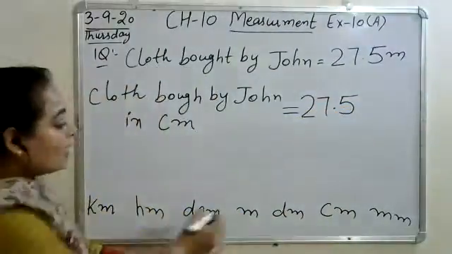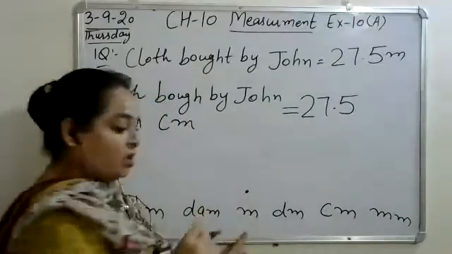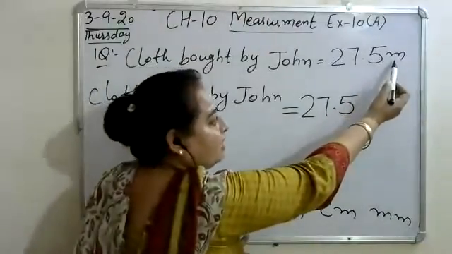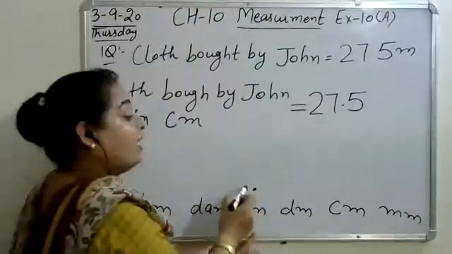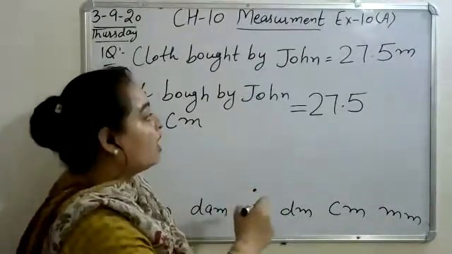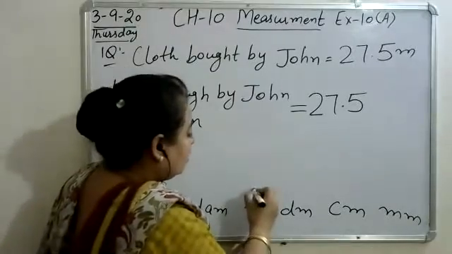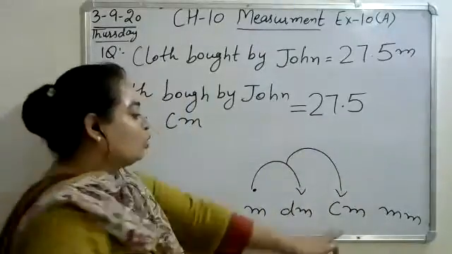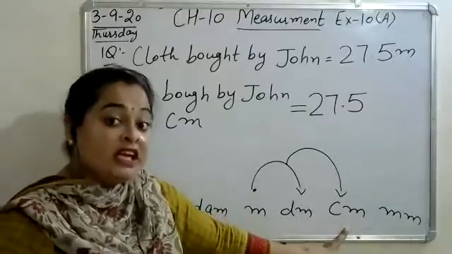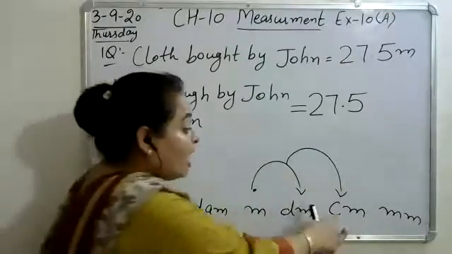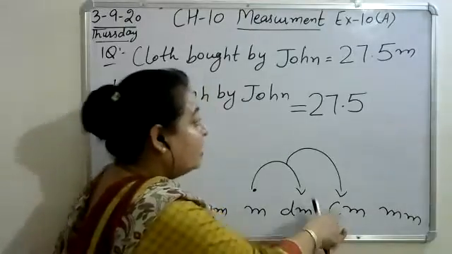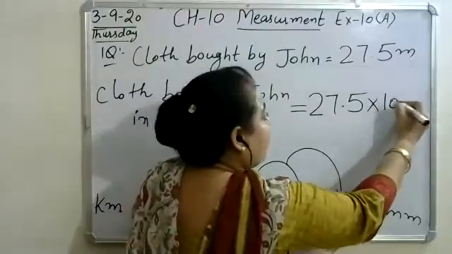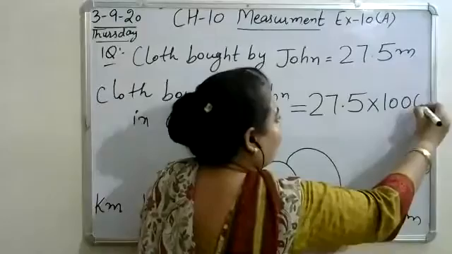Meter is given in the question, it means you are here, and the question is to convert this to centimeter. So, 1, 2, 2 jumps towards right hand side. 2 jumps means multiplication by 100, and in place of meter you will write centimeter.